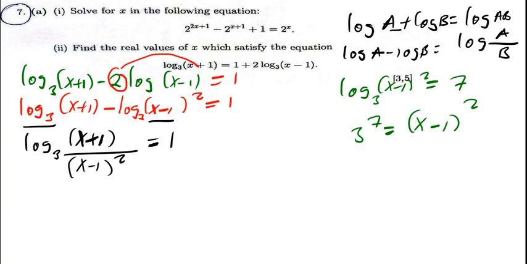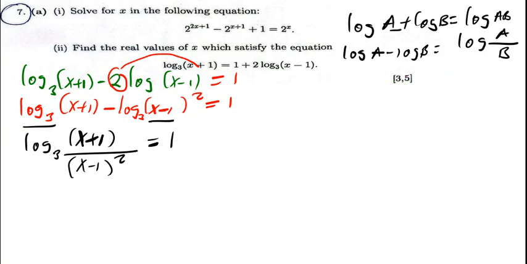So we can clearly see that it's basically the same principle which is going to help us here. The base is 3. Outside we have got 1. So it is 3 raised to the power 1 is equal to what is inside, everything here, which is (x plus 1) divided by (x minus 1) squared.